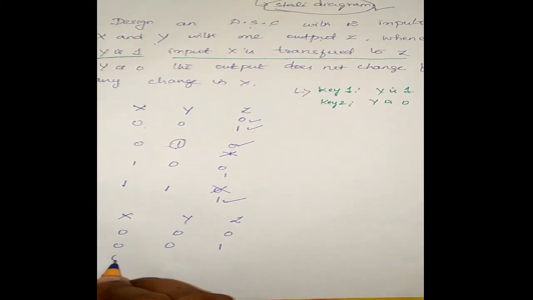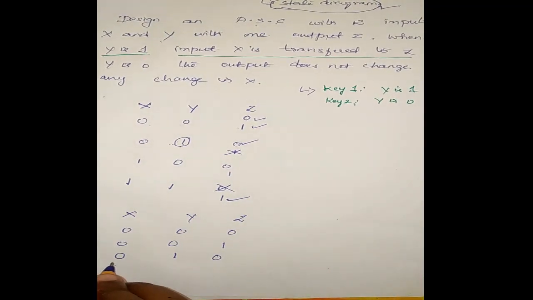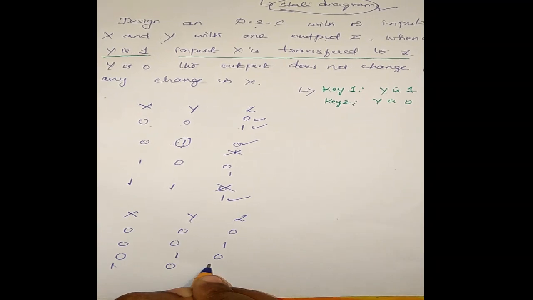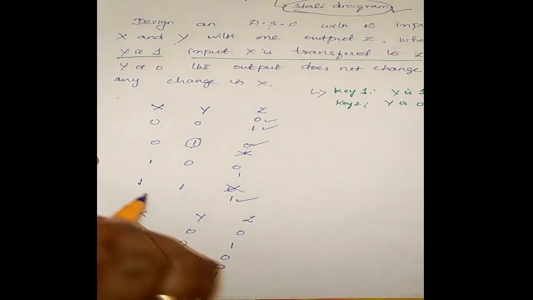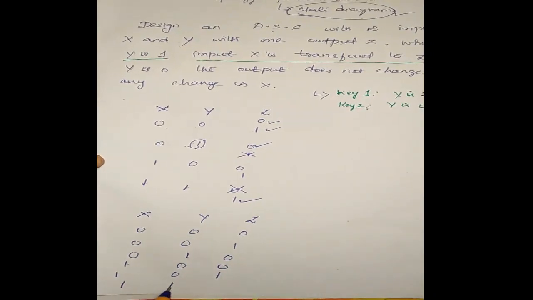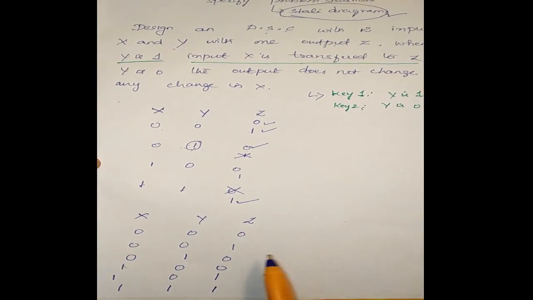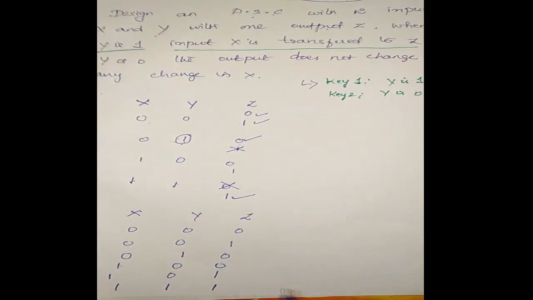The next is 0, 1, 0. The next is 1, 0, 0, then 1, 0, 1, and the last possible case is for 1, 1, I have a 1. So totally my states get reduced to 6.